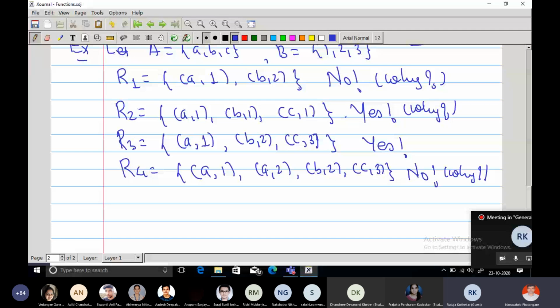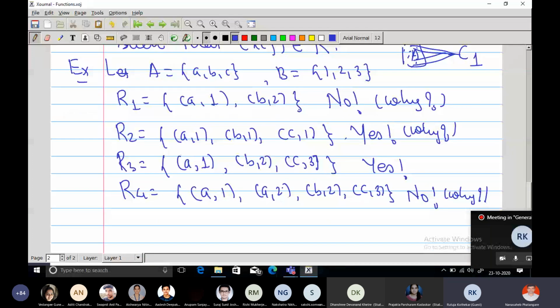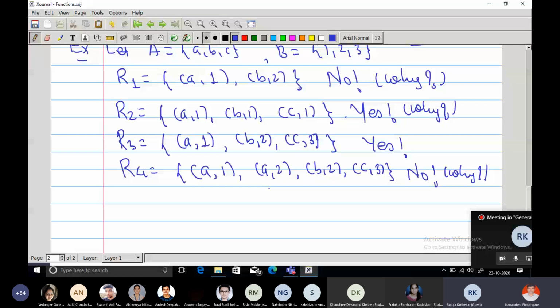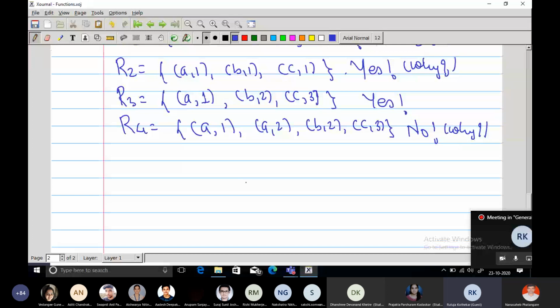So for every element in A, the first condition is satisfied, for each, but the unique element in B, that fails. For example, for a, there are two distinct possibilities. So this is a function, correct? Yes, sir. So now the definition is clear.